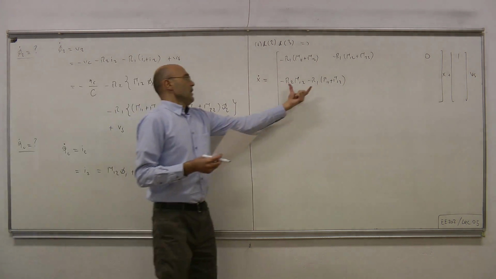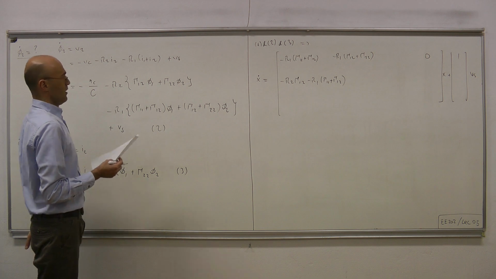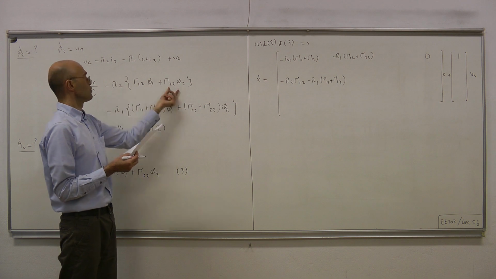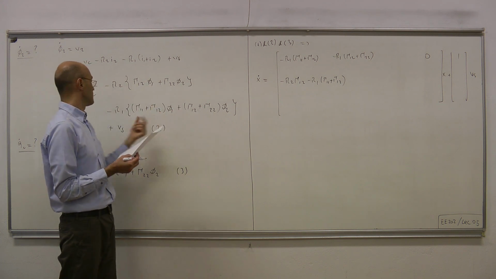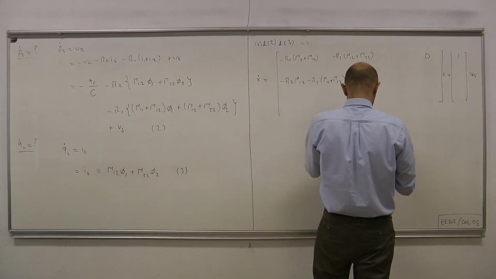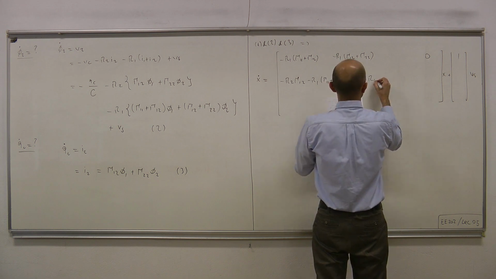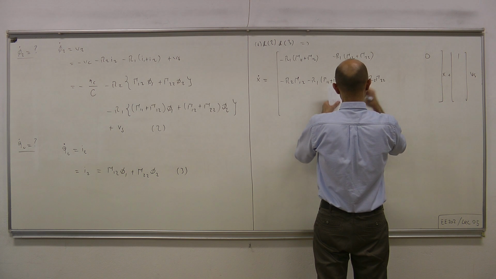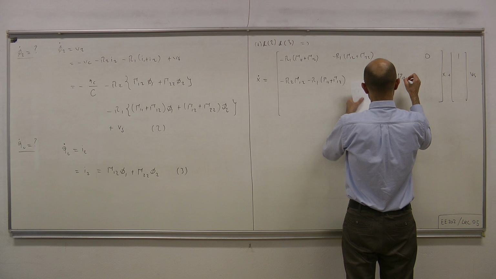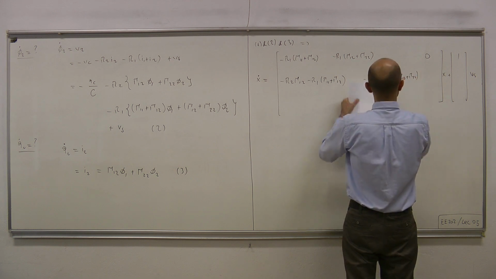That's our second row, first column entry of our A matrix. For the phi 2 term, we have minus R2 gamma 2,2 and this times minus R1, so that makes a little bit long expression, minus R2 gamma 2,2 minus R1 gamma 1,2 plus gamma 2,2 phi 2.